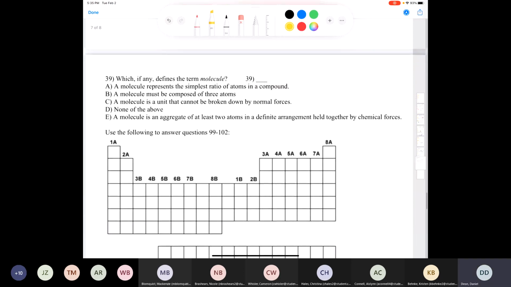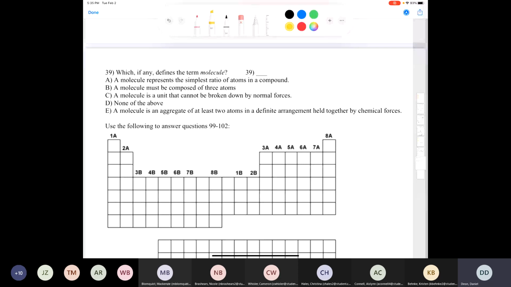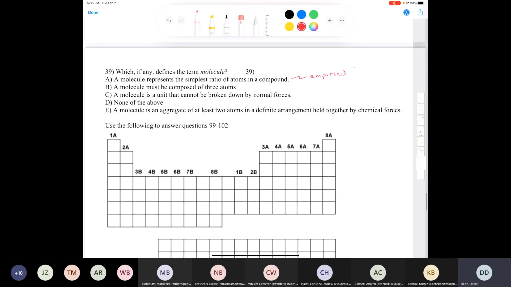All right, next one's just a definition. Be sure that you understand what a molecule is. Okay, let's see here. It says, which, if any, defines the term molecule? A molecule represents the simplest ratio of atoms in a compound. No, that would be an empirical formula. Okay, and again, an empirical formula sometimes can be a molecular formula, but that would be the definition of an empirical formula.